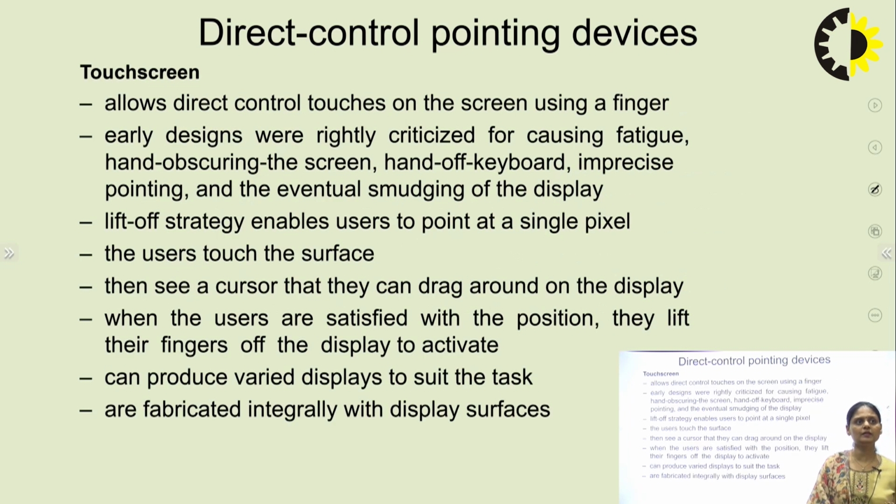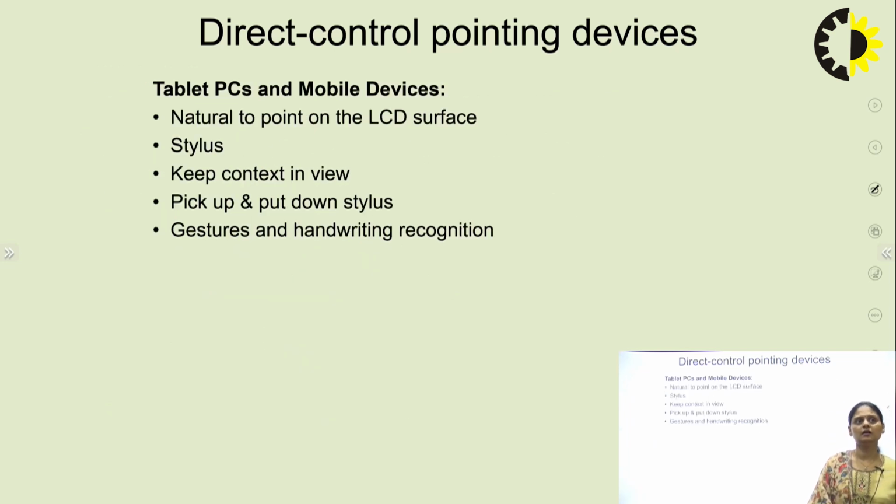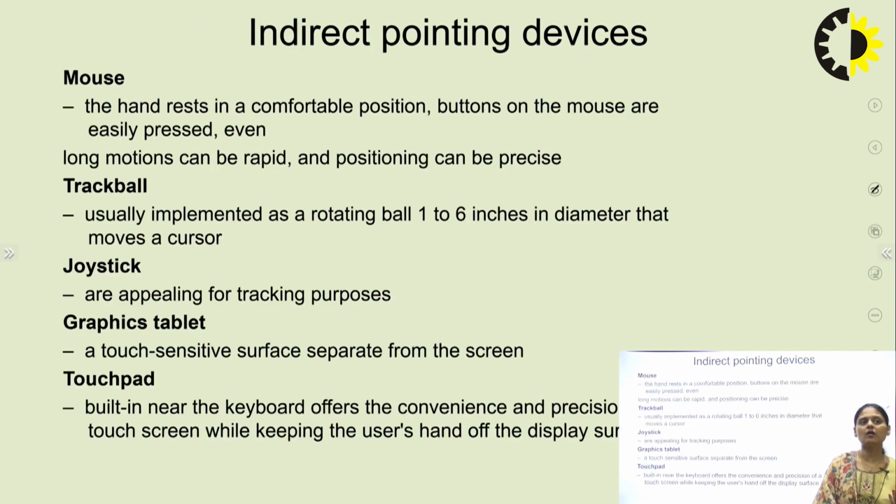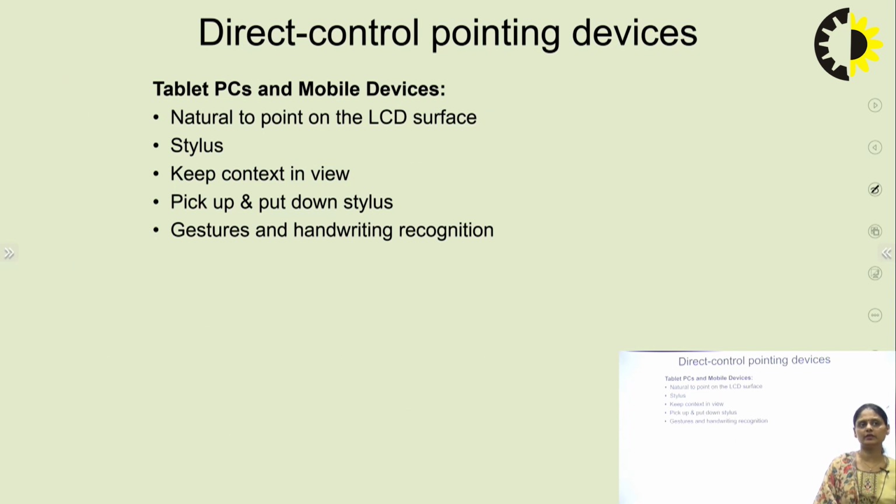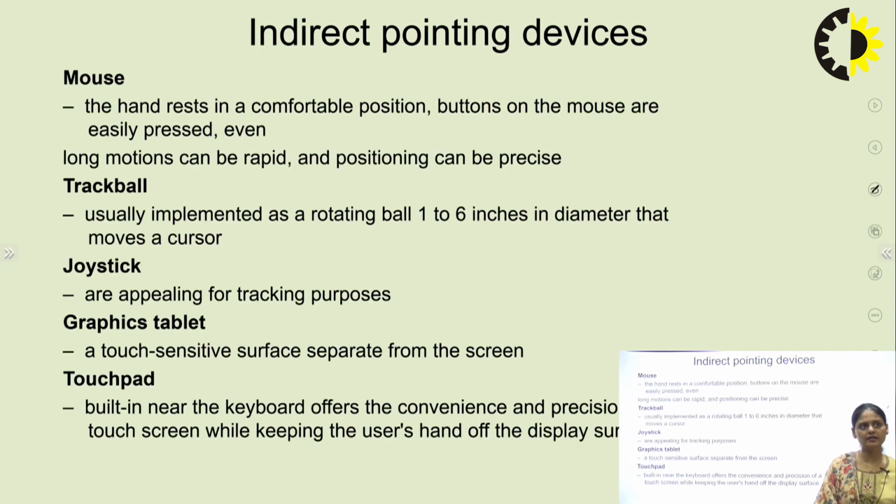So light pen, touch screens, tablet PCs, and mobile phones are all direct control pointing devices. And when we talk of indirect, as we have seen earlier, there are the mouse, trackball, joystick, tablet, and touchpad. All of these are indirect pointing devices, because we need a medium.